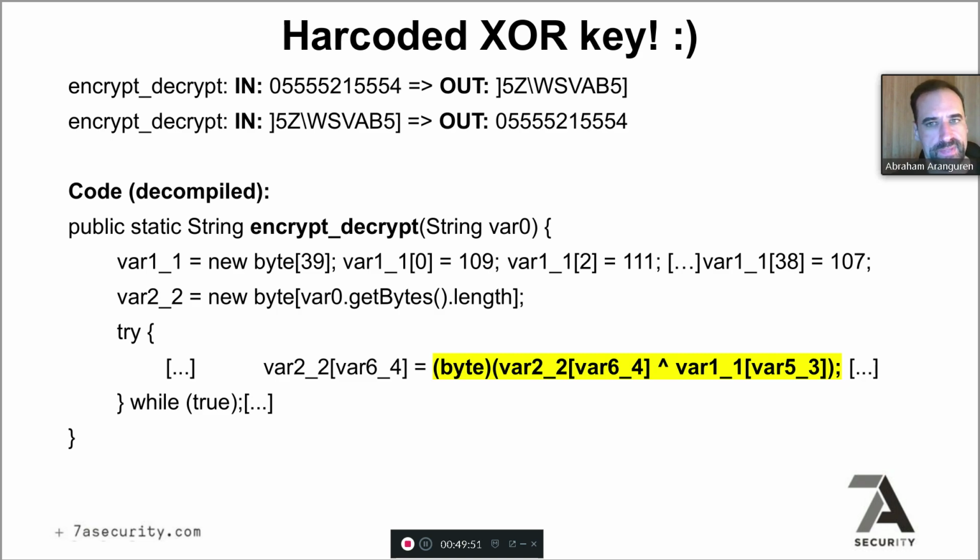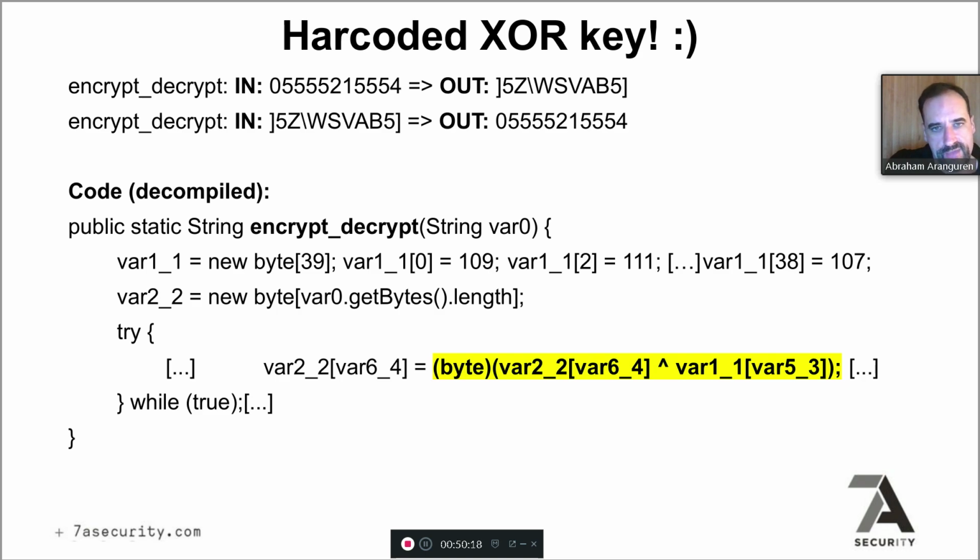Then the next problem that they had was that they had a hard-coded XOR key in the code, right? So XOR can be a secure algorithm, right? There's, for example, the one-time pad, if you're familiar, used during the Second World War, I think. It can be safe as long as the key changes every time and so on.